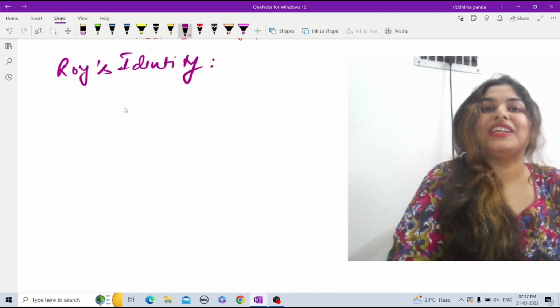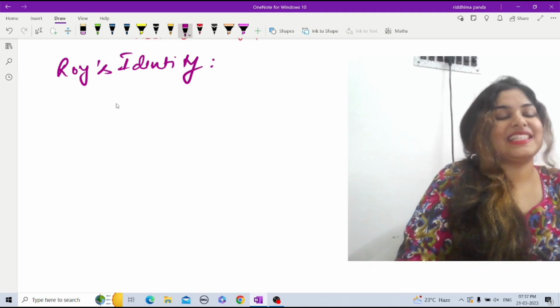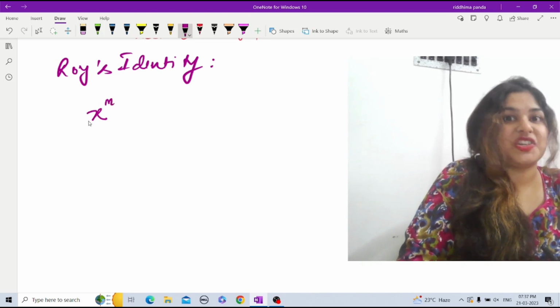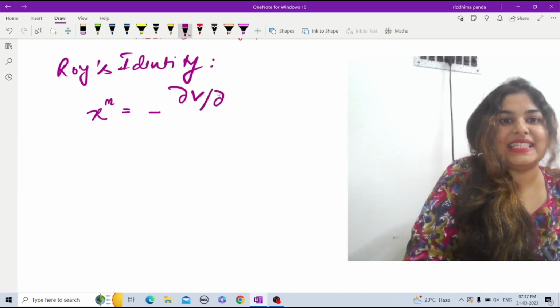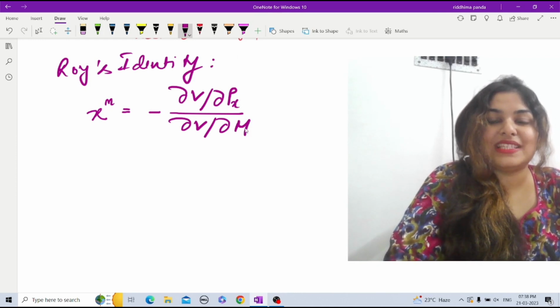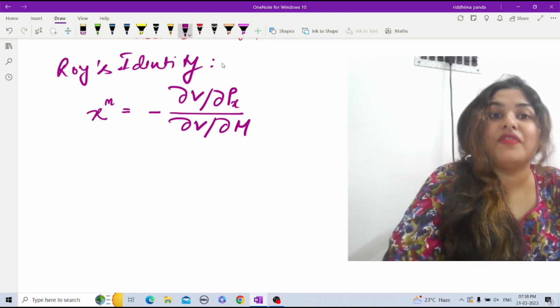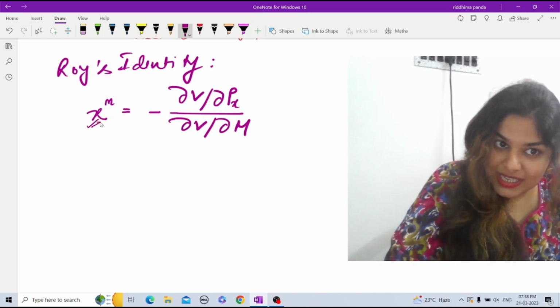Using Roy's identity, we can calculate the Marshallian demand function from the indirect utility function, and it is given as X^M, the Marshallian demand function, equals minus delta V by delta Px divided by delta V by delta M, where Px is the price of commodity X, M is the income and V is the indirect utility function. That means this is the ratio of the partial derivatives of the indirect utility function with respect to price of the commodity and income.